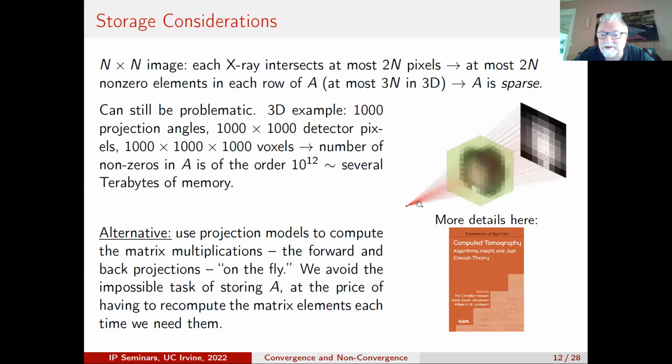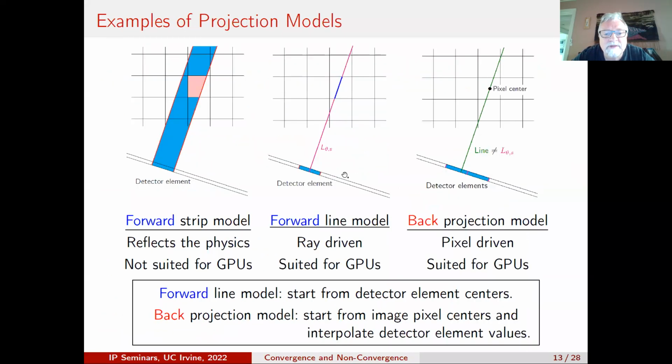So this stuff is explained in our book, of course. So let's see. If you think about the physics in the CT scanner, right? Well, you have a detector here that consists of a number of pixels or detector elements sitting right here. And then you have your X-rays going through your domain, and here I have shown the pixels in my discretization.